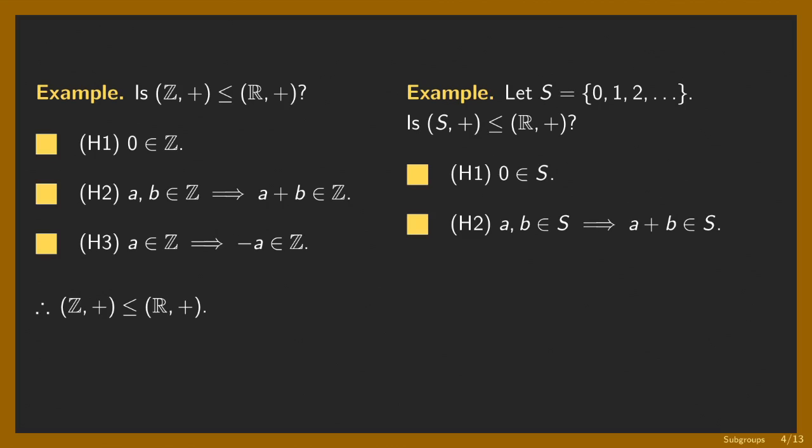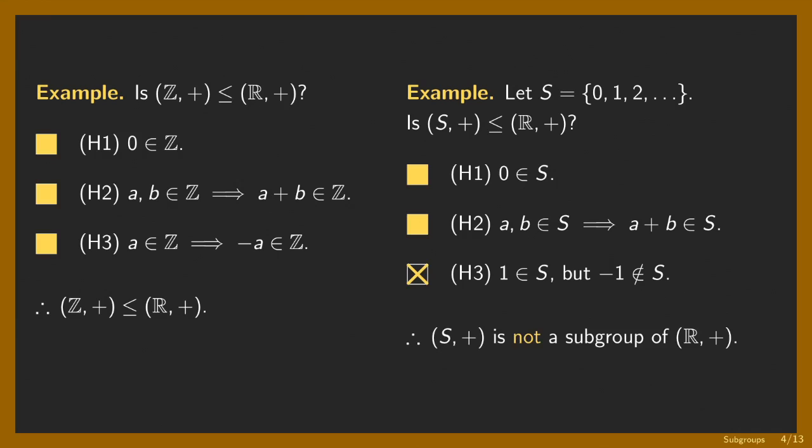For 0, the negative of 0 is 0. So fine, it's in S. However, when you look at the element 1, we see that 1 is an element of S, but its negative or additive inverse is not an element of S. Therefore, axiom H3 is not satisfied. So even though H1 and H2 are satisfied, H3 is not, so we cannot say that S is a subgroup of R. As a conclusion, S under addition is not a subgroup of R under addition.